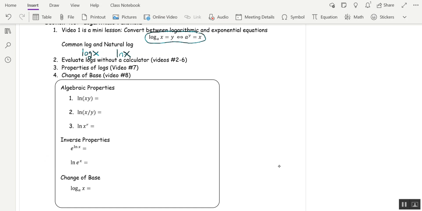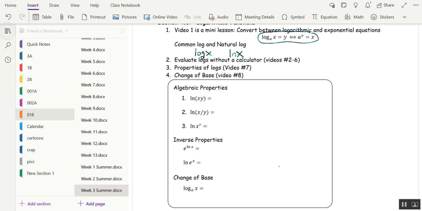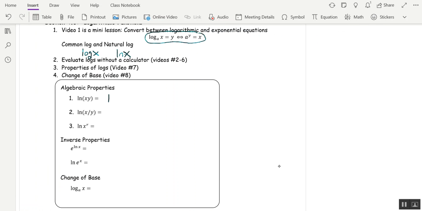So let's go through this. ln of a product, x times y, is ln x plus ln y. It's the sum of the logarithms. ln of a quotient is the difference of the logarithms, ln x minus ln y. ln of x to the r, that r, which is an exponent, can come down as a coefficient.